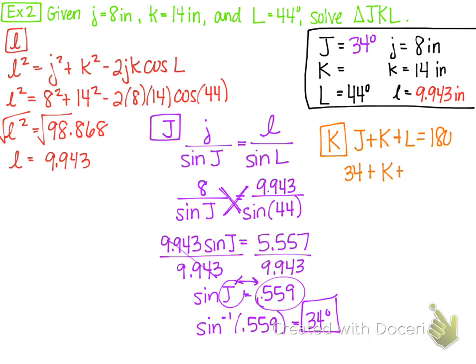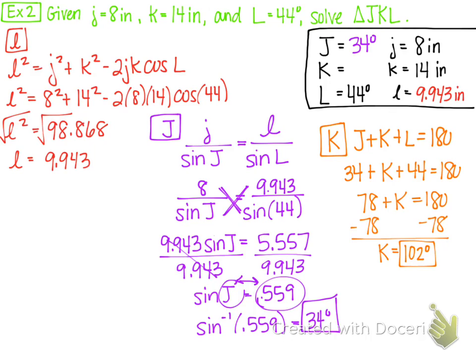Big L is 44 degrees. If we add together the 34 and the 44, we get 78. Then lastly, subtract 78 from both sides. And we get that big K is 102 degrees. And there you have it.